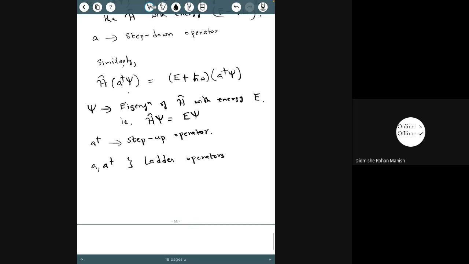Okay. So what is the advantage now of using such an operator?